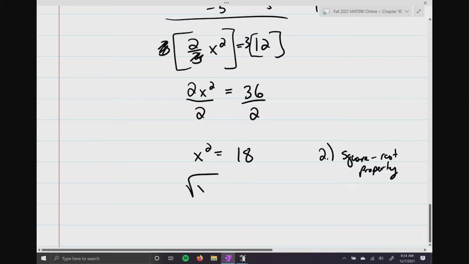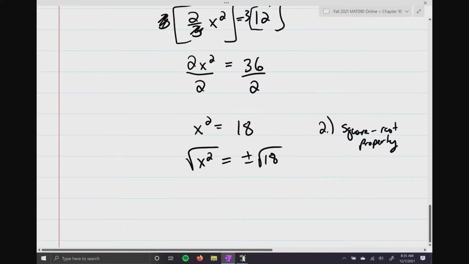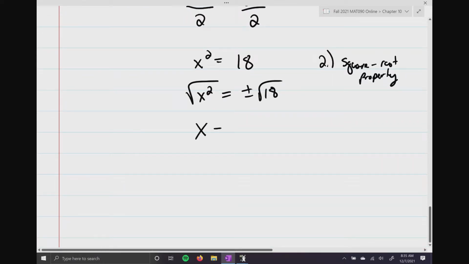So I take the square root of x squared and plus or minus the square root of 18. That's going to give me x equals plus or minus the square root of 18. But we could definitely simplify that.